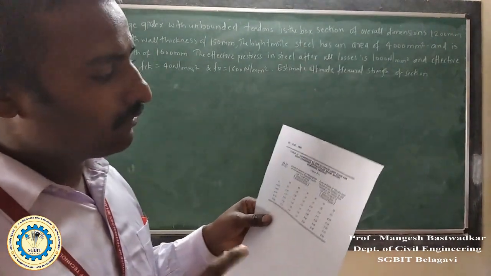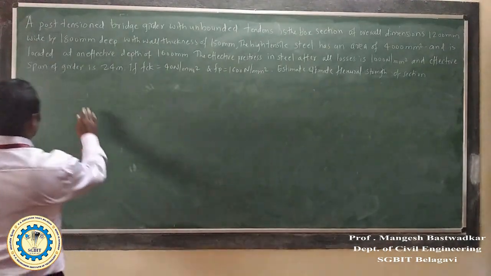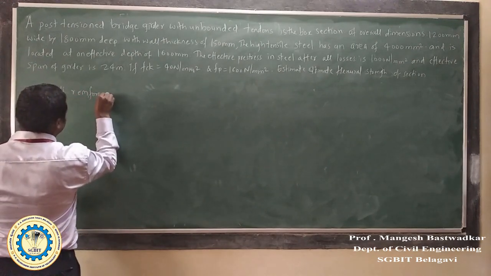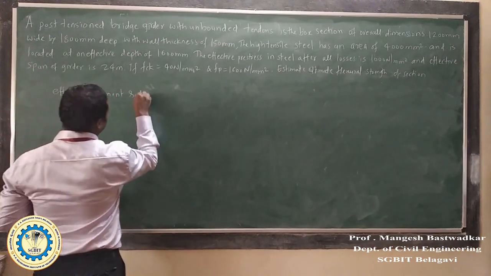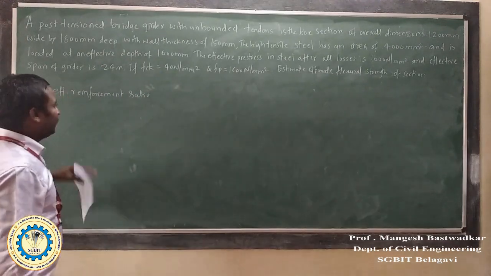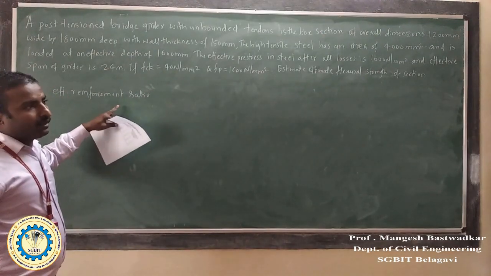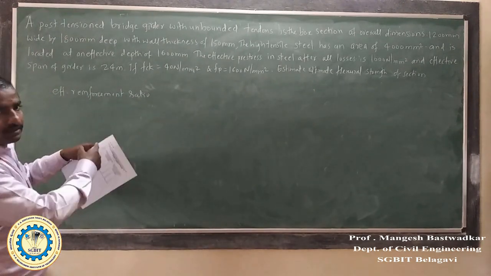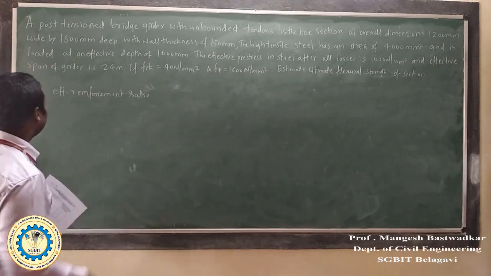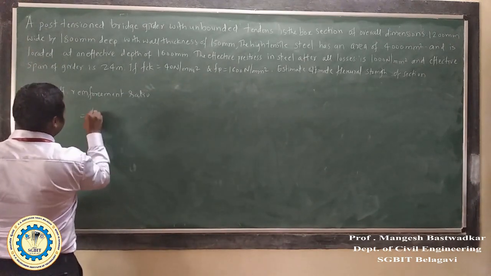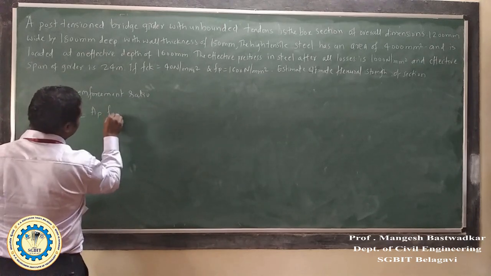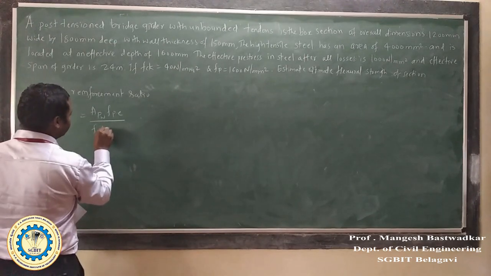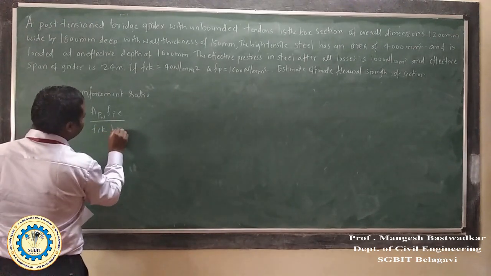So the effective reinforcement ratio is APW FP divided by FCK BD.